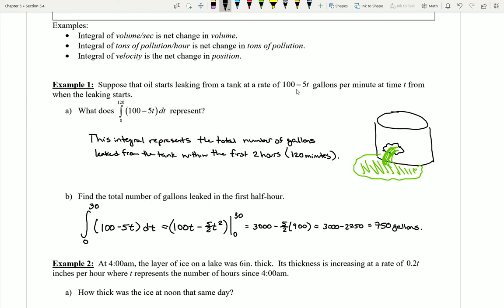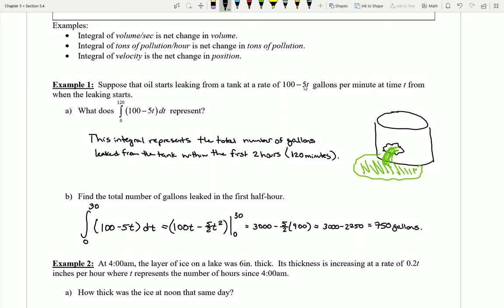One of the reasons that you could tell that this is pretty ridiculous is the speed at which the liquid is leaving the tank at any given time. Notice at time 0, the liquid would be leaving the tank at 100 gallons per minute, and it seems to be slowing down. At time 2, I'm down to 90 gallons per minute. But by the time I'm at the 20-minute mark, I'm going to be at 0 gallons per minute leaving the tank.